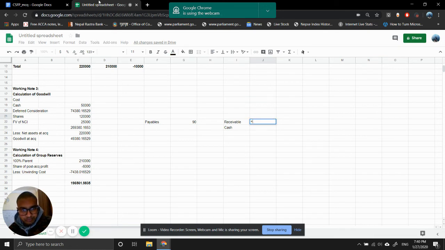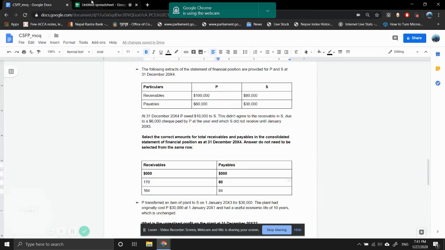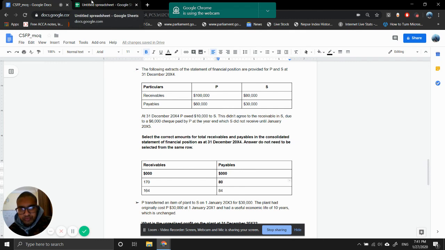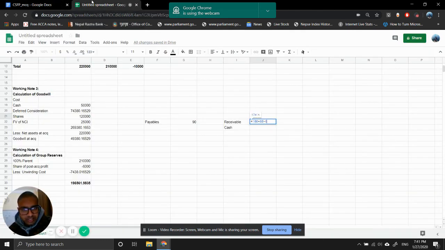Plus 80, minus, so how much did you receive in cash? 6,000, right? So 6,000 is the cash that we receive, so that will decrease our receivables, but it will increase our cash. Okay, so we need to worry about that as well. And then there has been a net effect of 4,000 as well, so that's the mutual owing.